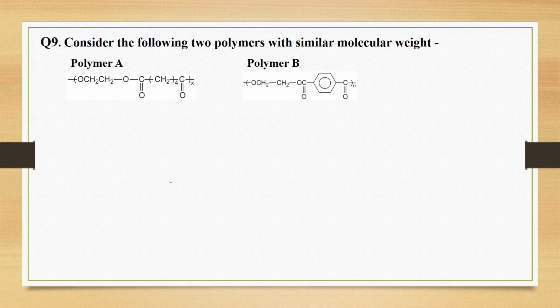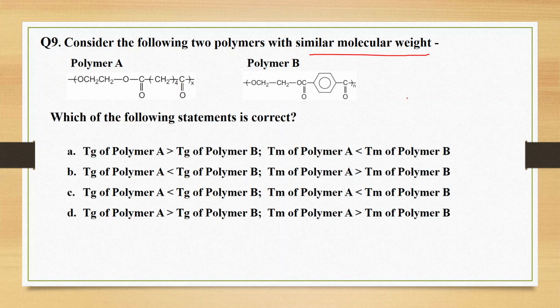So it states, consider the following two polymers with similar molecular weight. Again the point is very important, that their molecular weights are similar. Which of the following statements is correct? A particular option will be correct. You have to get an idea about the glass transition temperature and melting temperature.